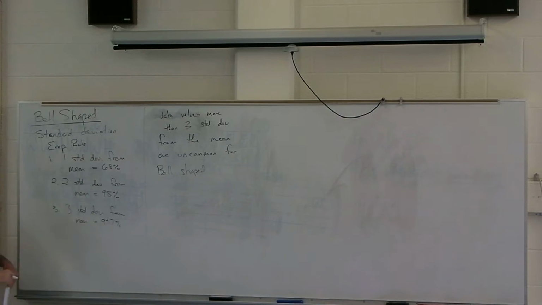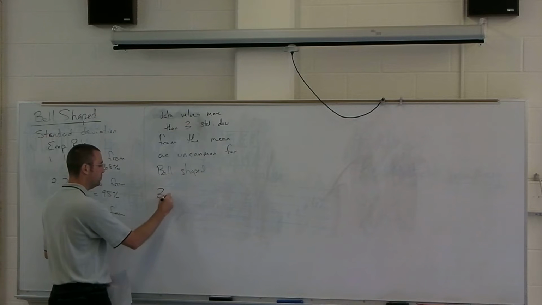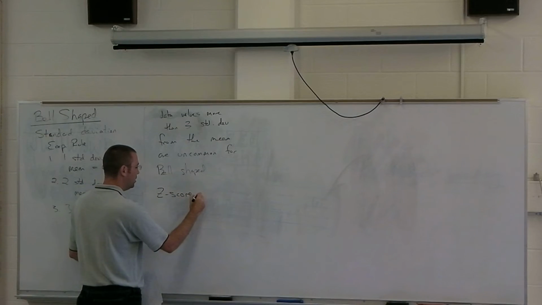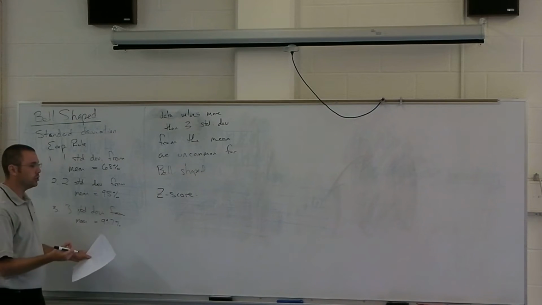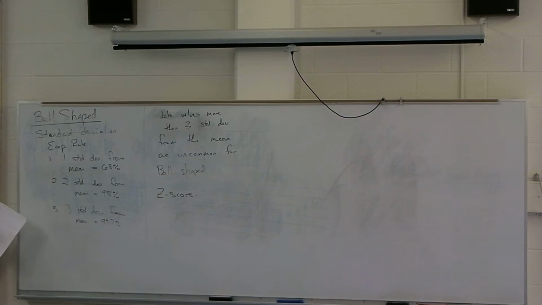And one thing you can do to identify whether or not a value is more than 3 standard deviations away from the mean is you use what's called the z-score. And we will see z-scores used a lot in the latter part of the class. A z-score is basically just measuring how far a given data point is from the mean. Okay?